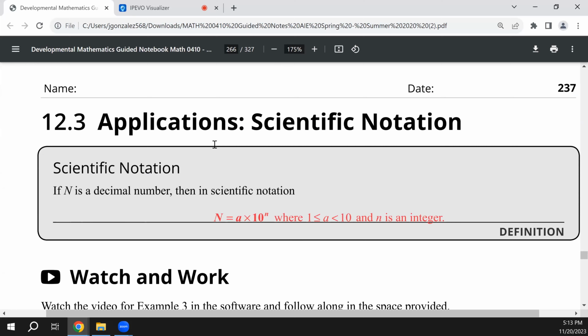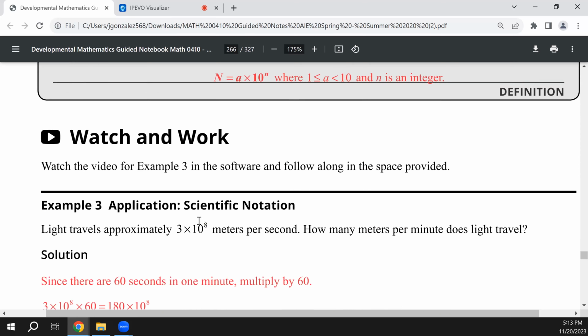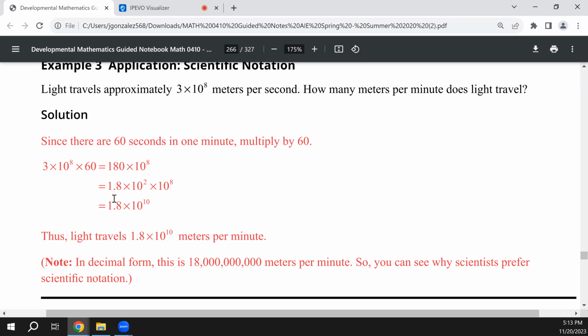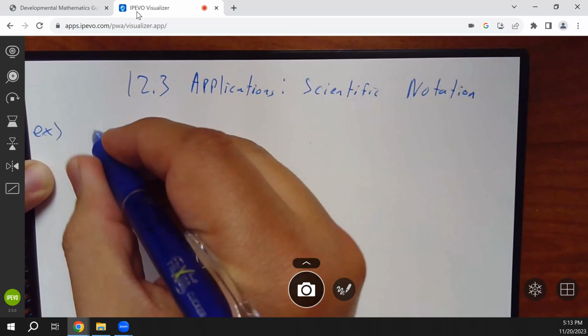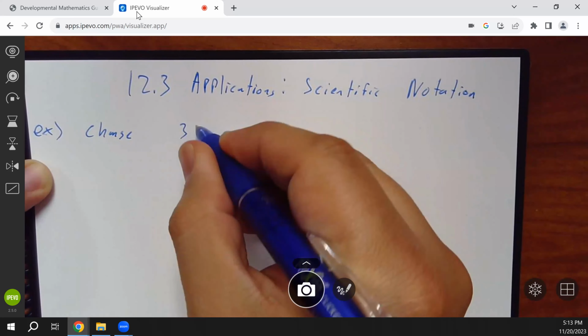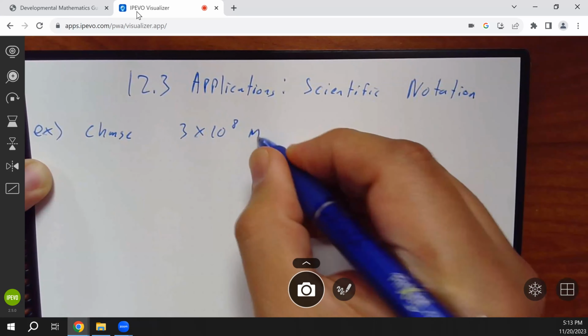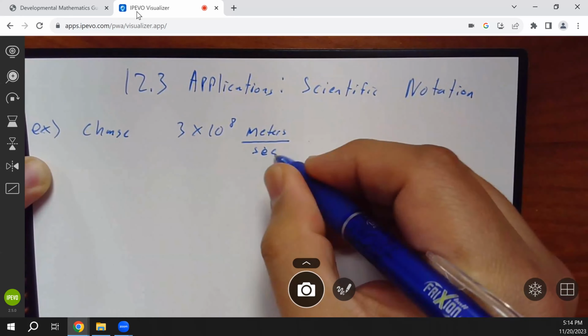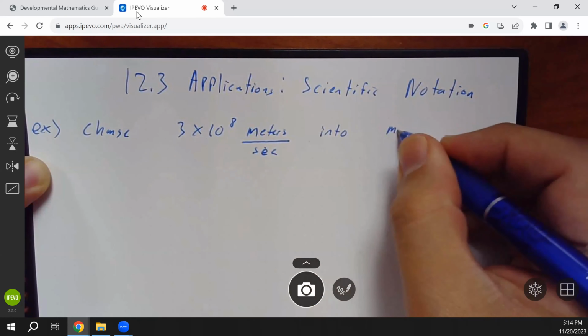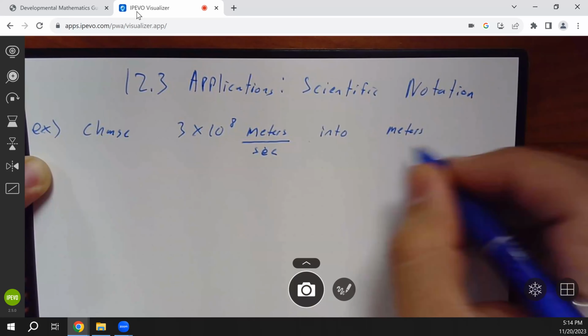Scientific notation. Simplify the question: 3 times 10 to the 8 meters per minute.